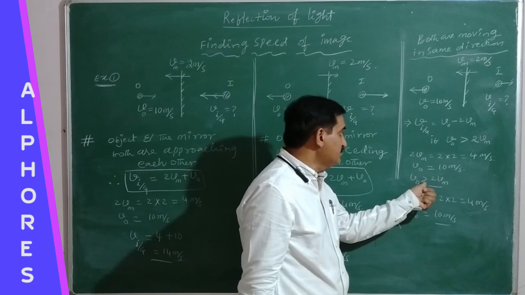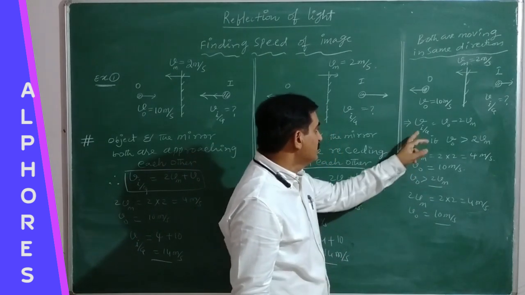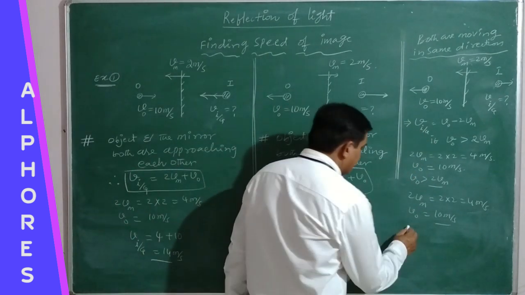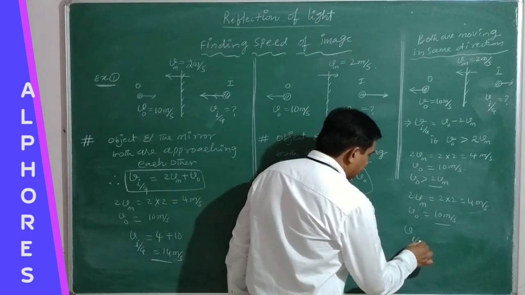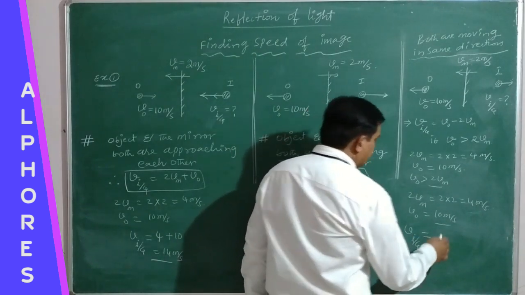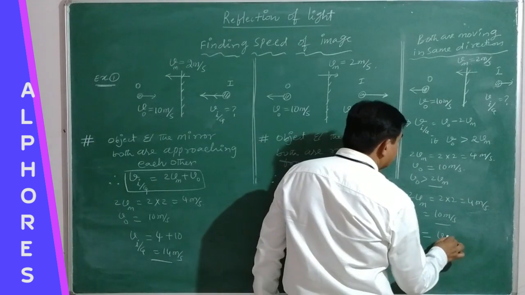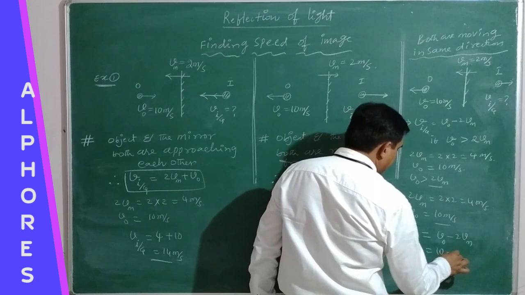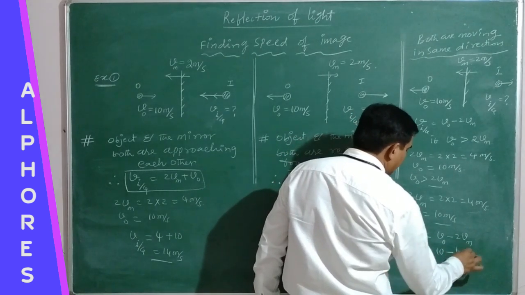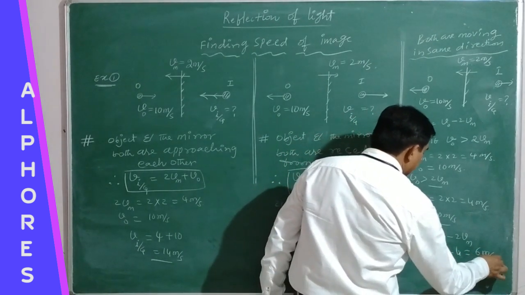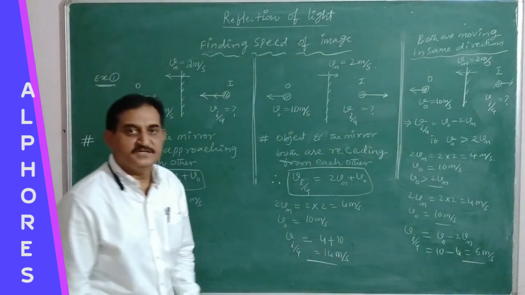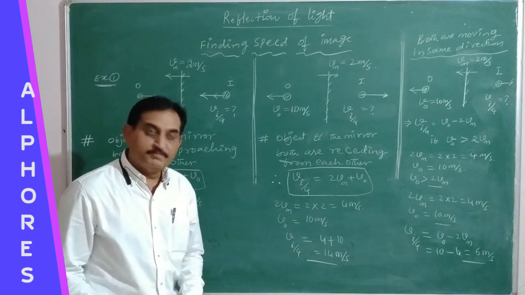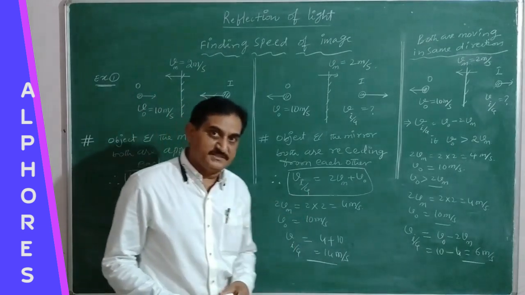So under this case, what is the formula we use to find the final speed of the image in the plane mirror? Vi with respect to ground is equal to V0 minus 2Vm. So V0 is 10 minus 2Vm is 4, which gives us 6 meter per second. So this is the speed of the image formed by the plane mirror, finally 6 meter per second.